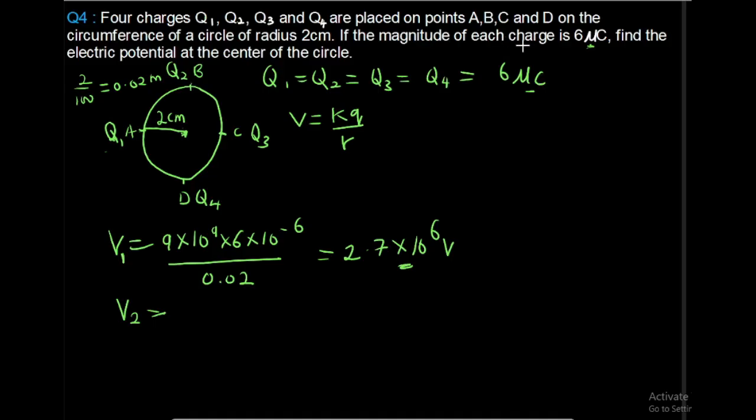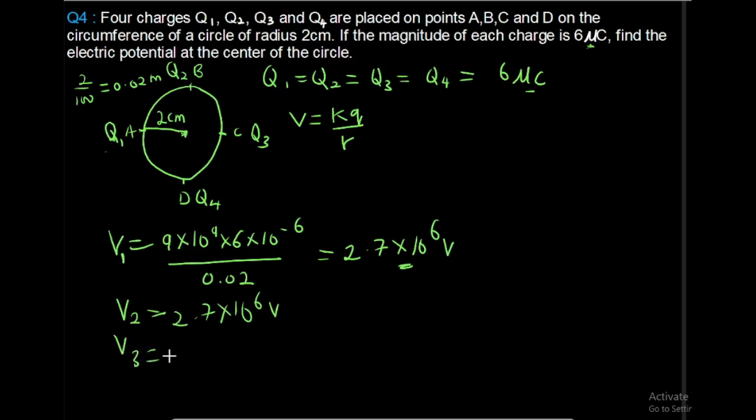So V2 has magnitude of charge to be 6 microcoulombs. It also has its distance to the center to be 2 centimeter, which is 0.02 meter. So since the magnitude of the charge and the distance and even K are the same, it simply means V2 will also give us this answer. V2 is also equal to 2.7 times 10 raised to the power 6 volts.